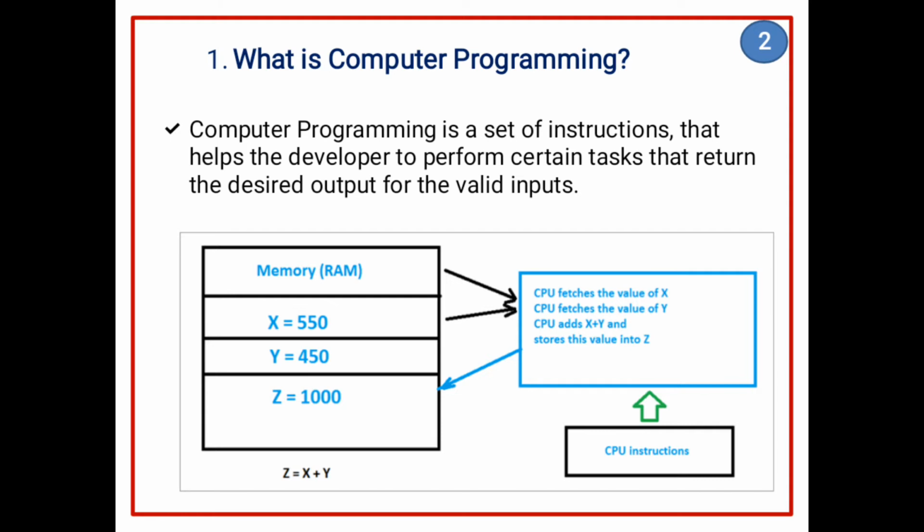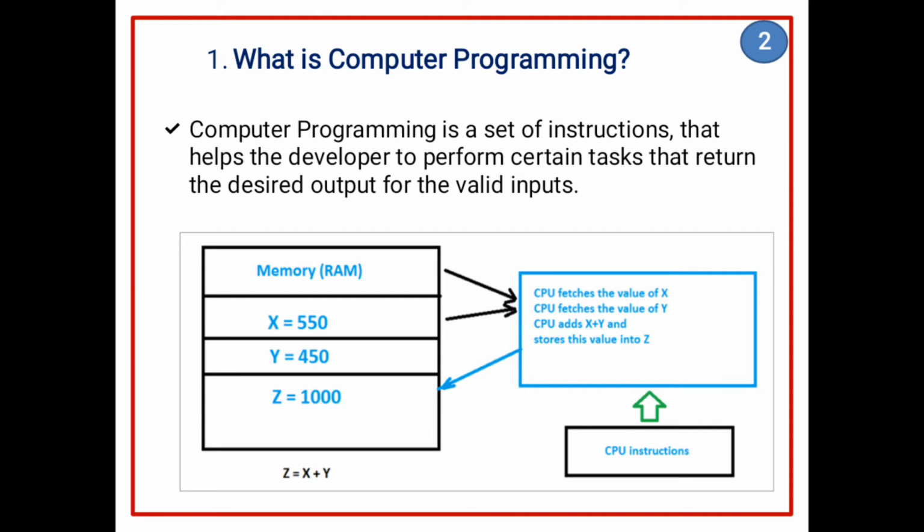Simply, we define computer programming as a set of instructions that helps the developer to perform certain tasks that return the desired output for the valid inputs.